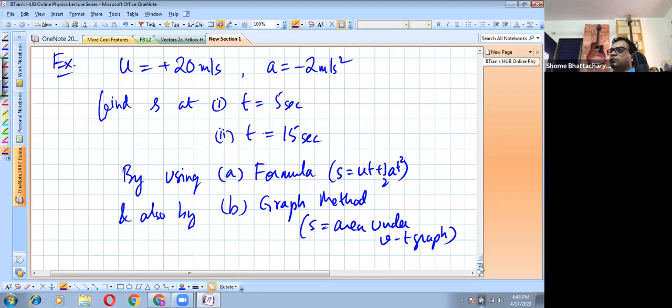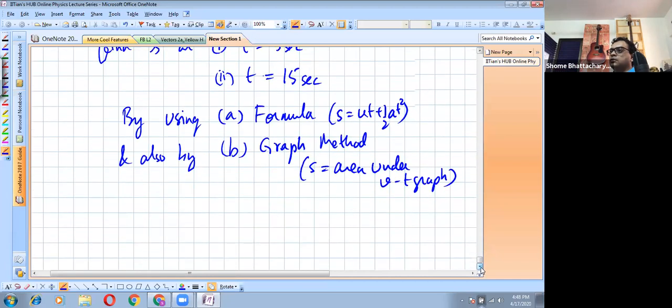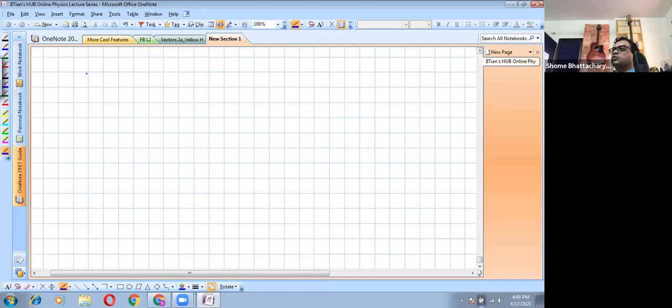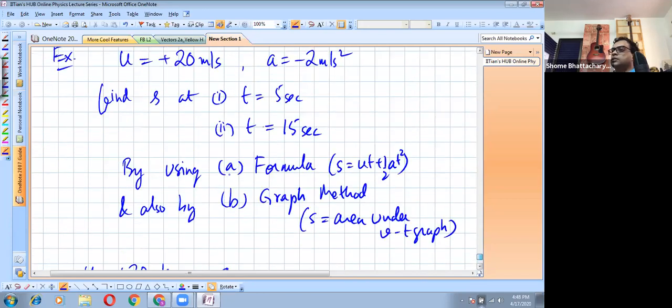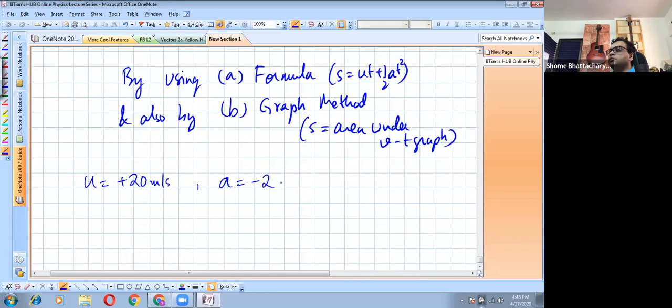So if I were to just use the formula method, so I have taken u as plus 20 meters per second, and the acceleration as minus 2 meters per second squared. So my displacement as a function of time will be ut plus half at square, so that it becomes this.